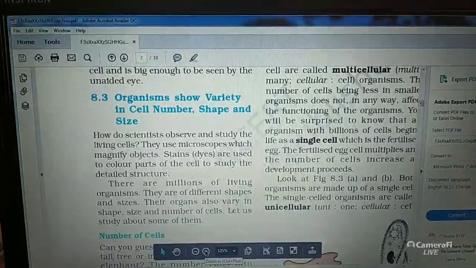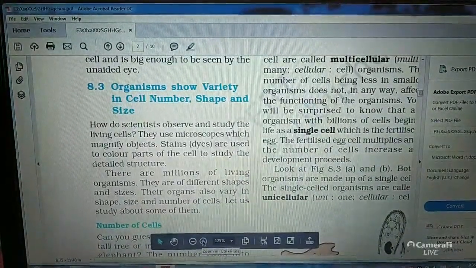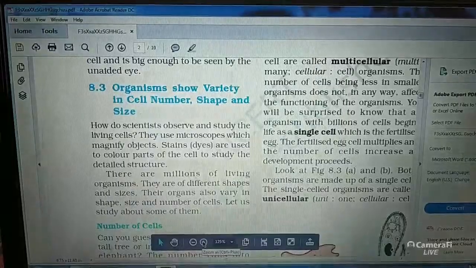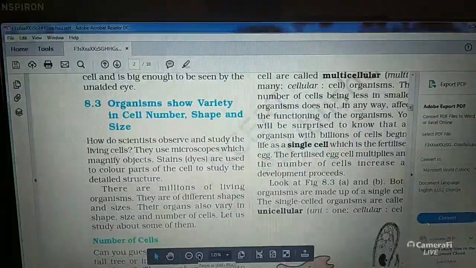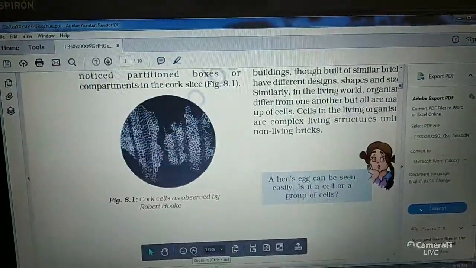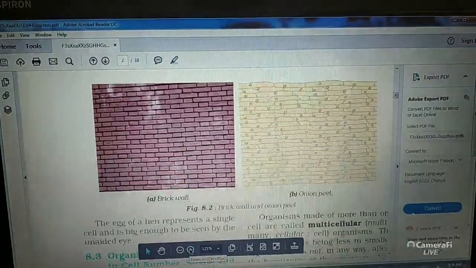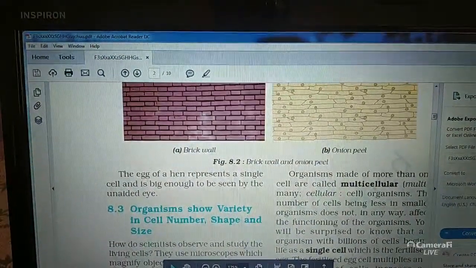One cell that you can see by the unaided eye is the egg. The egg of a hen represents a single cell.